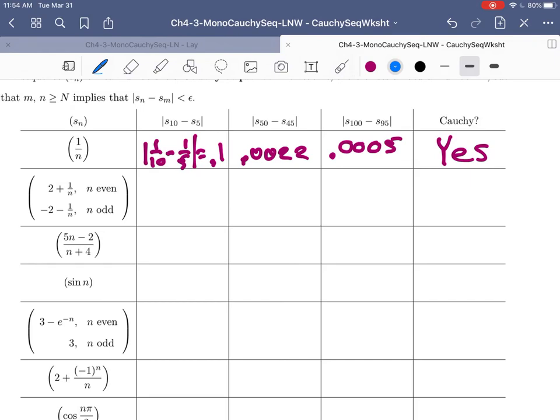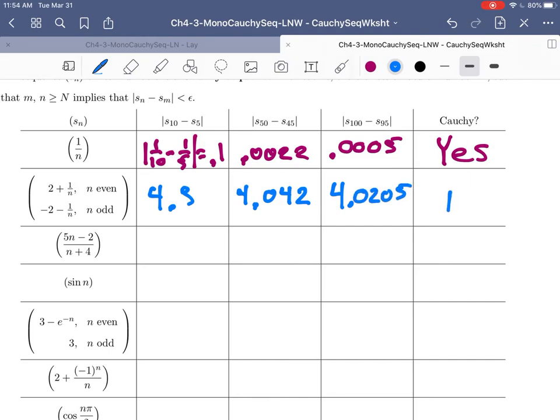The difference between our 10th term and our 5th term is something like 4.3. The difference between the 50th term and the 45th term is something like 4.042. The distance between the 100th term and the 95th term is 4.0205.